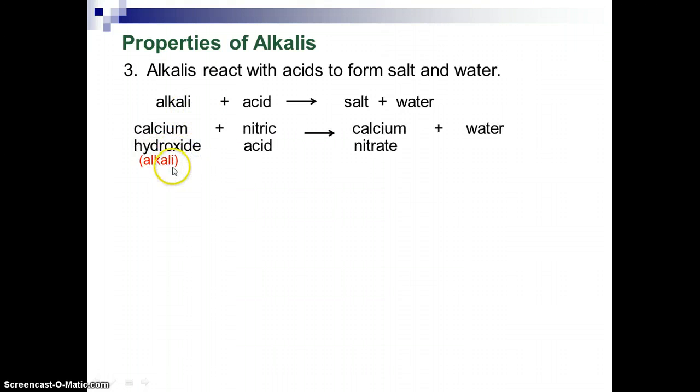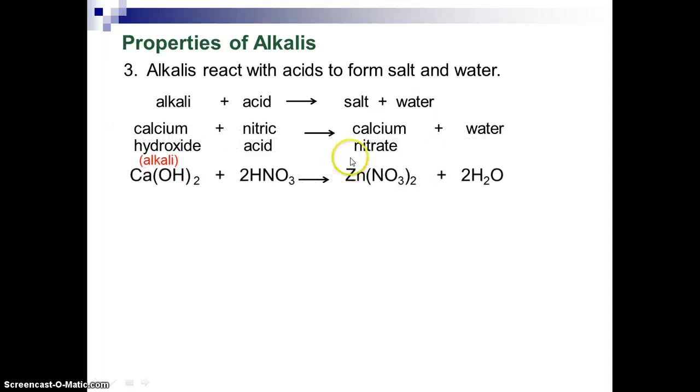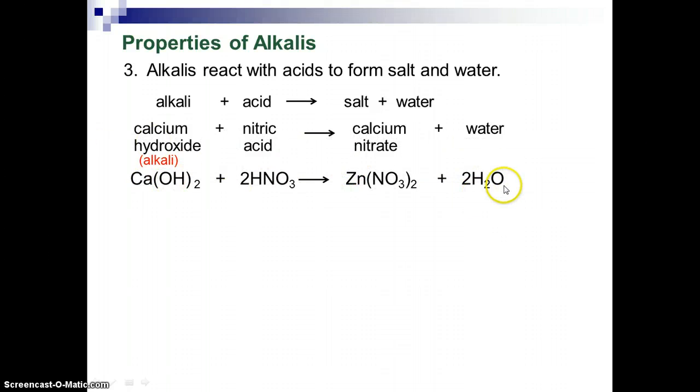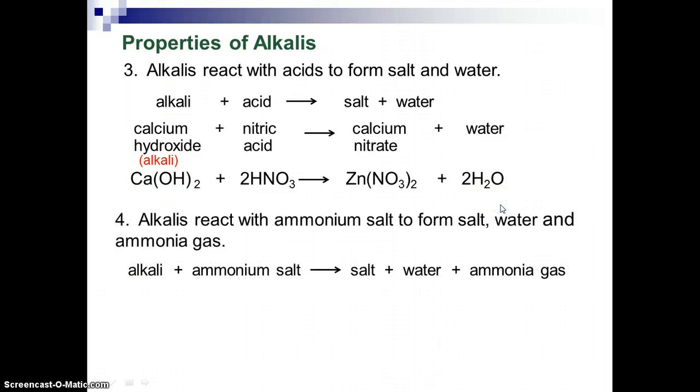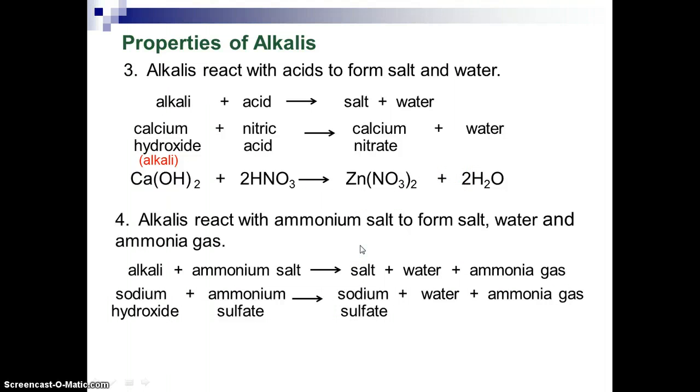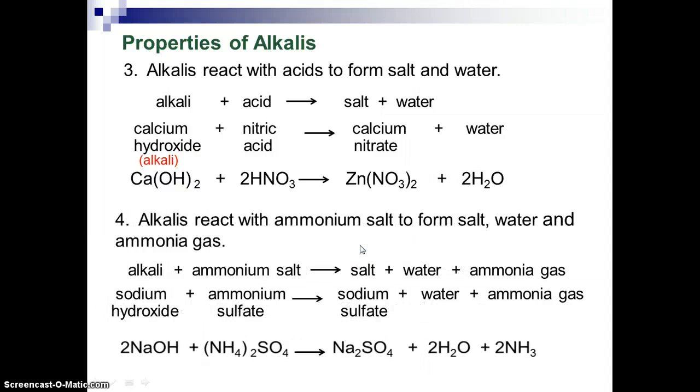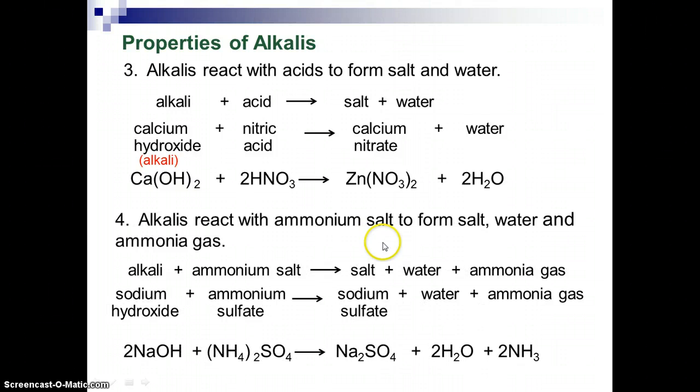Calcium hydroxide is an alkali, and this is the balanced equation for this chemical reaction. Number 4, alkalis react with ammonium salts to form salt, water, and ammonia gas. And this is the balanced equation for this reaction.